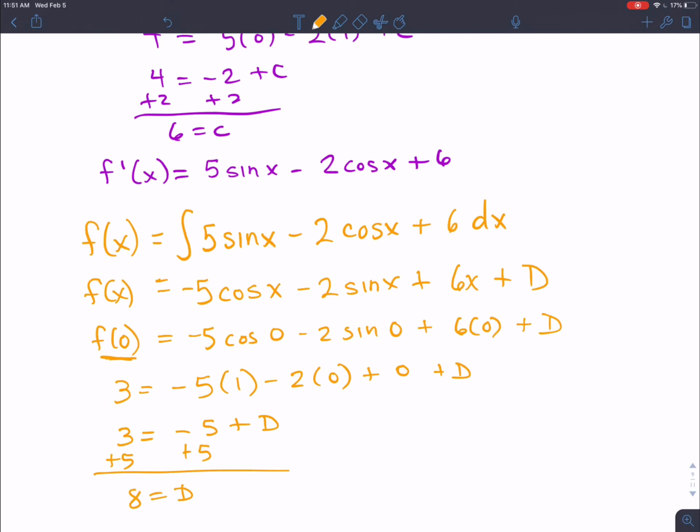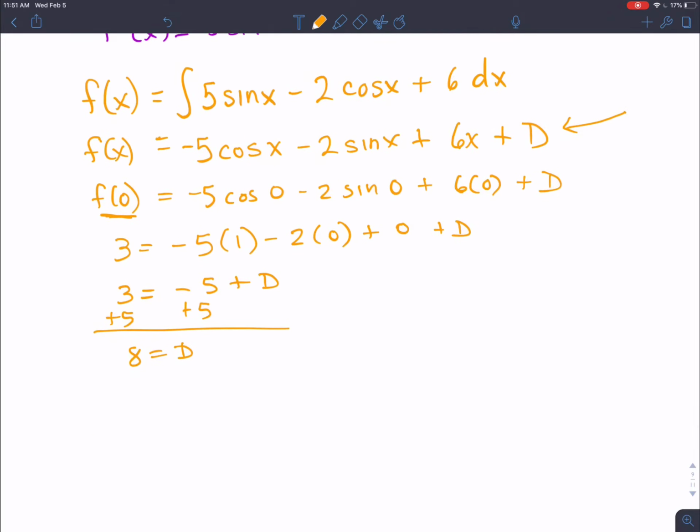So now that we know d, we can come back here and plug in the original function to find f of x. That's just going to be negative 5 cosine of x minus 2 sine of x plus 6x plus 8.